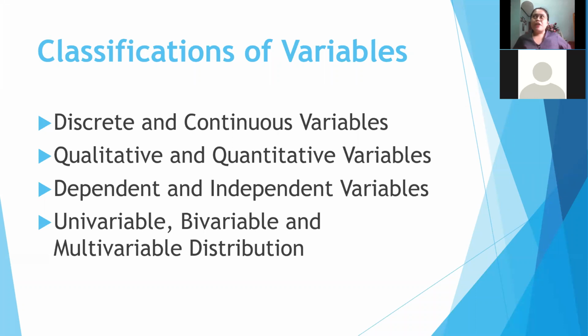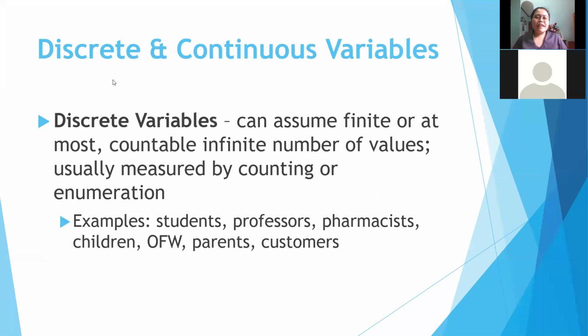In conducting research, most of the time we use these terms, either qualitative or quantitative, or dependent and independent. So the two in the middle are the ones we mostly use in research. Okay? So let's start. We have the discrete and continuous variables.